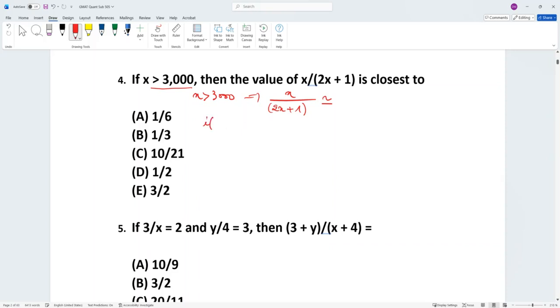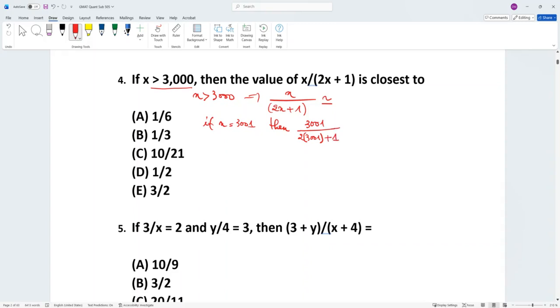So if x is equal to 3001, then we're going to have 3001 over 2, because 2x here, 3001 plus 1.